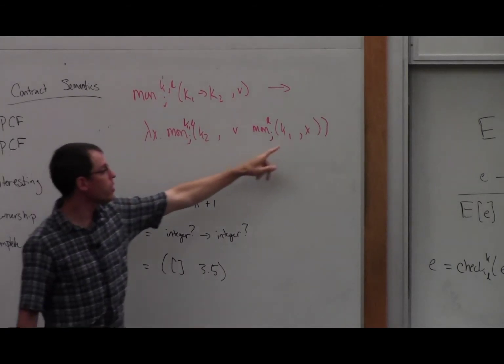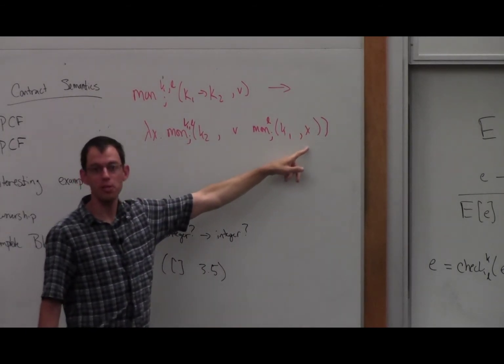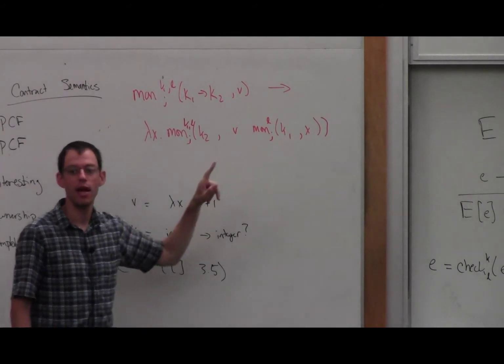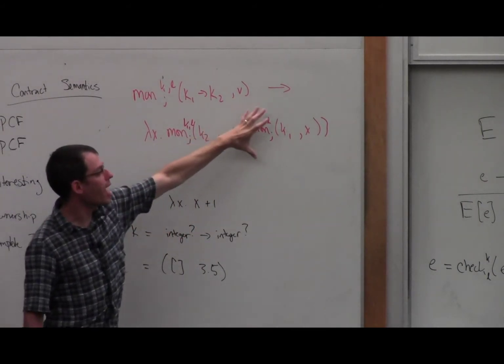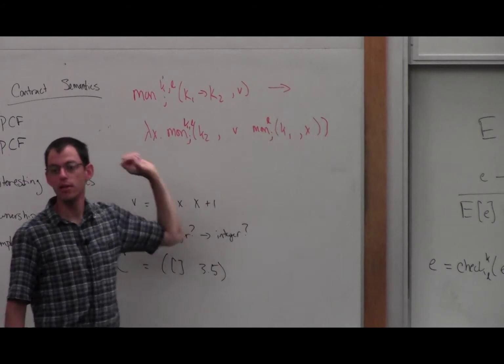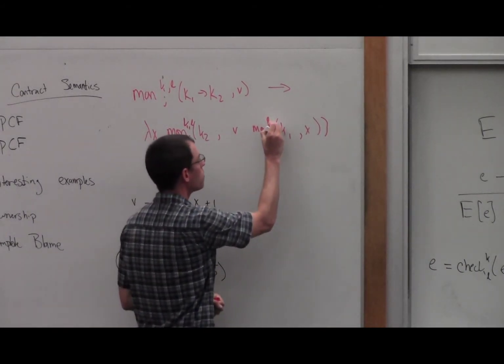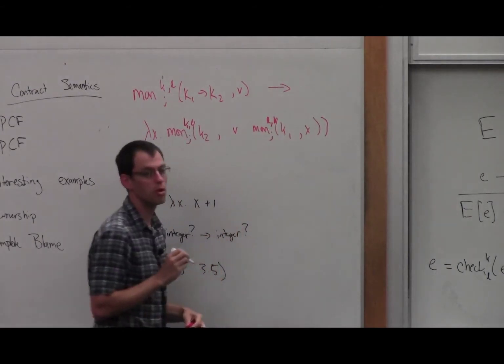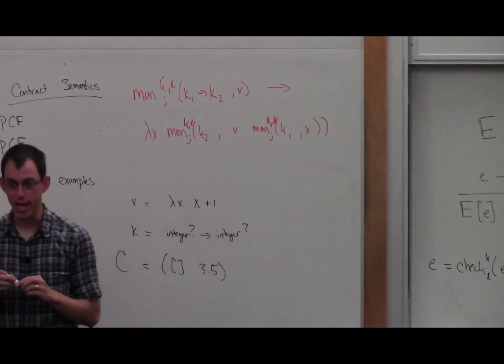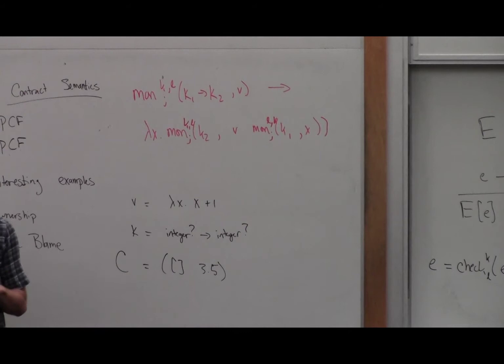But now in here, the outside has become the inside, and V here is the outside that we're going to apply to this. So the new label for the context is K. So we've just swapped these positions.